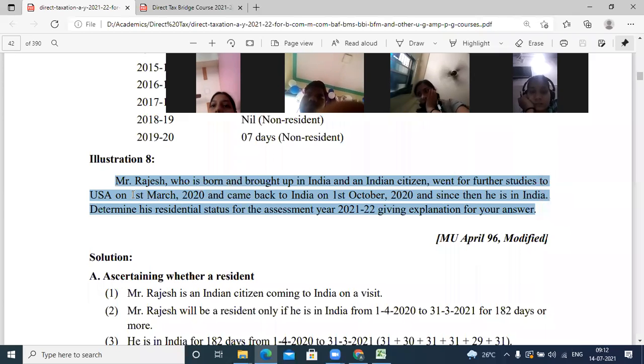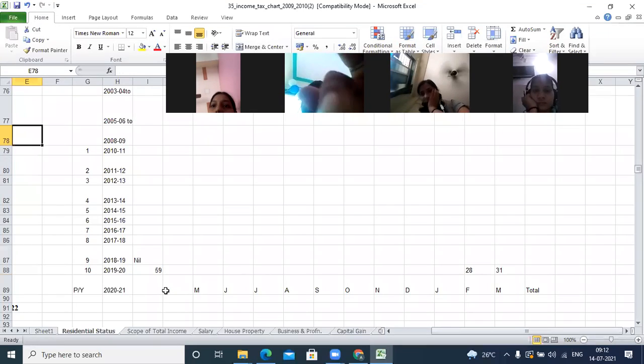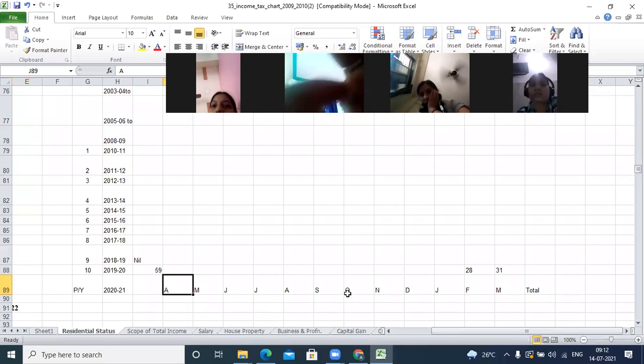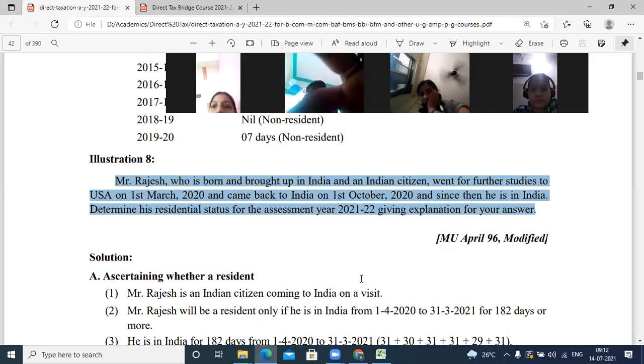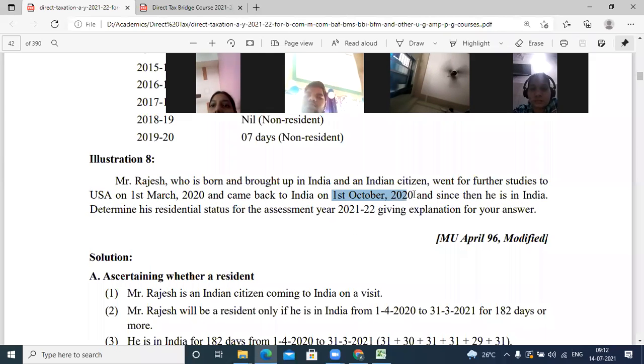1st March went, that means from April he was not there. My year starts from April. He came back when? He came back on 1st October. So since October I will consider.